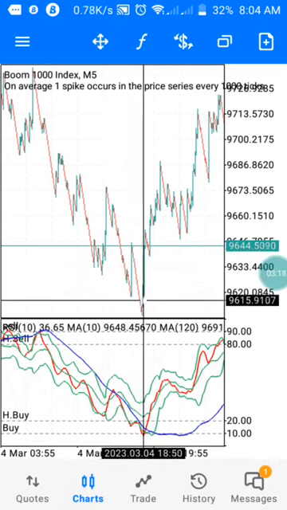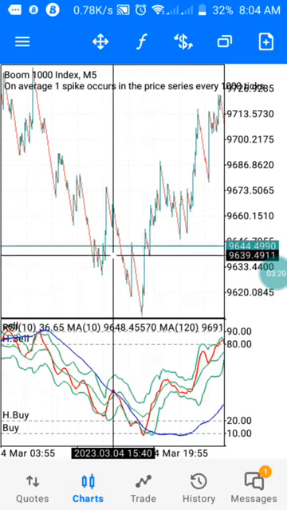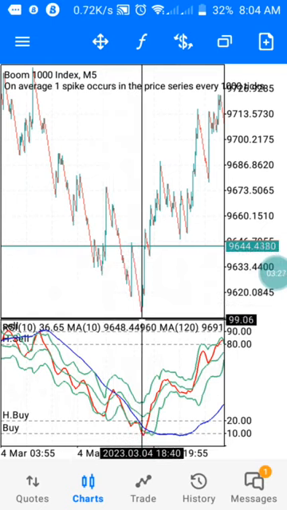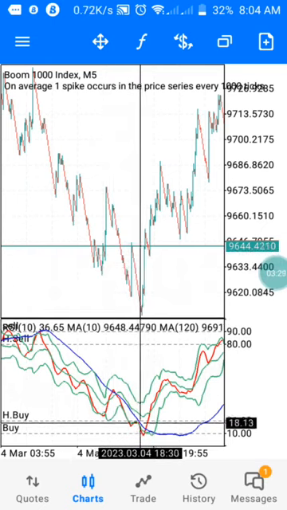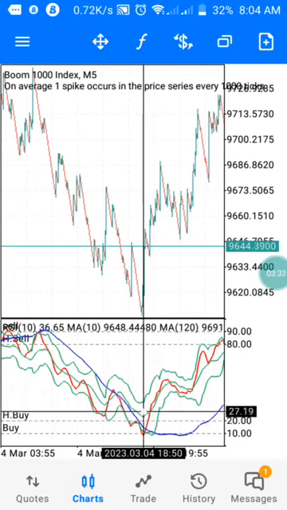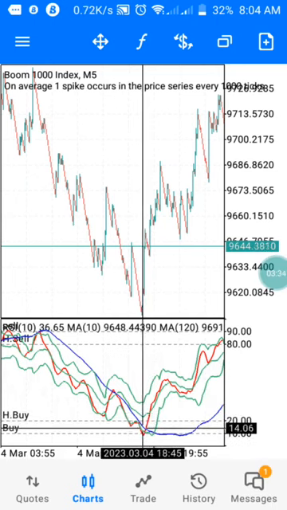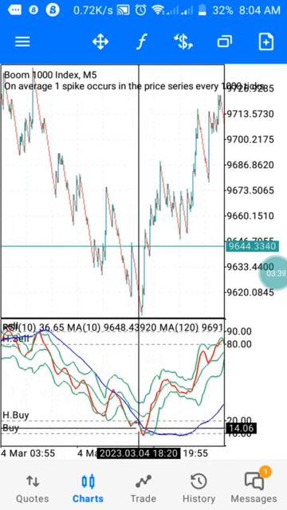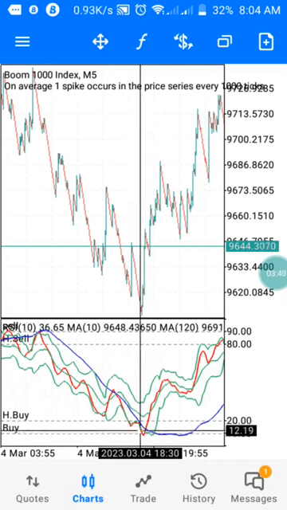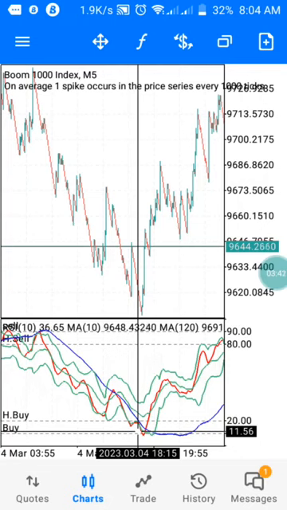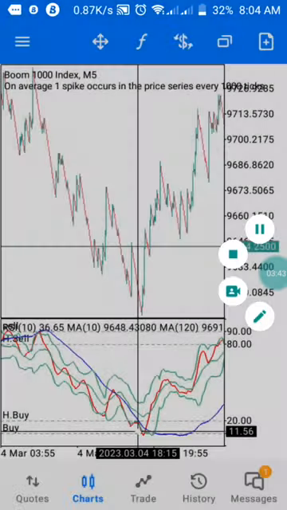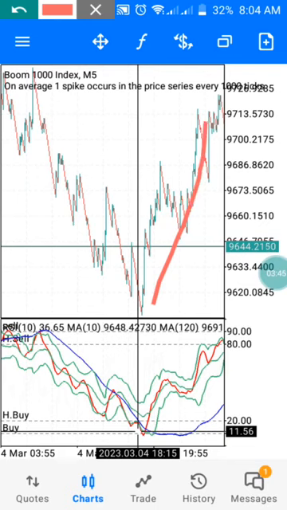As you can see, you can also use this strategy to catch a spike using the same method. When the three indicators meet at the 20 to 10 level, you enter the market and it spikes up a greater spike here, to this level.